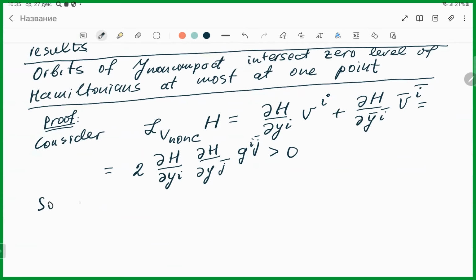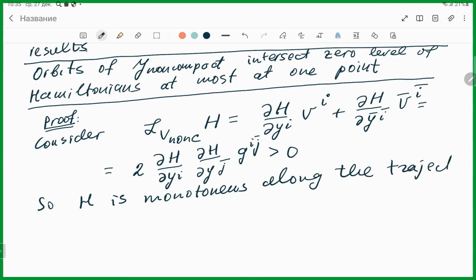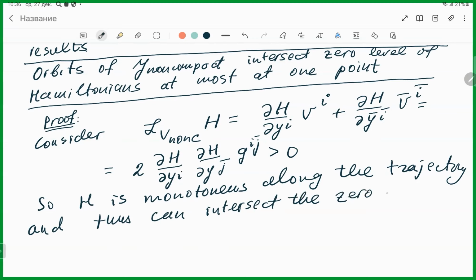So H is monotonous along the trajectory, and thus can intersect the zero level only once.